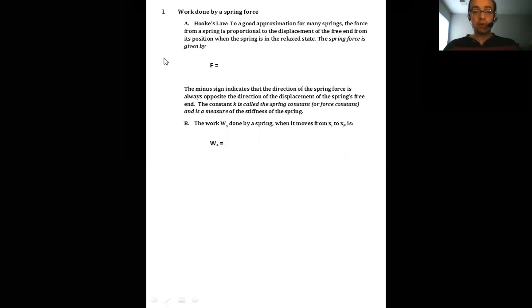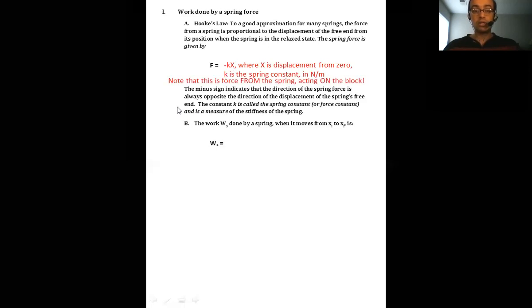The spring force is given by F equals negative kx, where x is the displacement from 0 and k is the spring constant in newtons per meter. So k, again, is a constant. It's something that will vary based on how tightly coiled your particular spring is. And notice that this force is negative, so it is opposing the direction of motion.